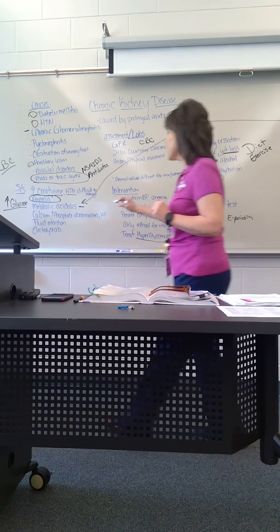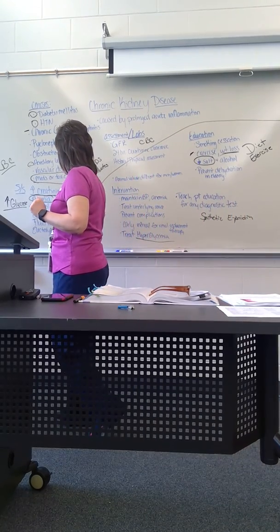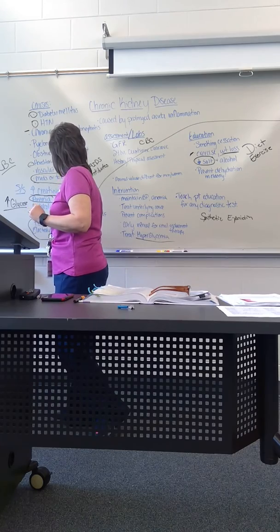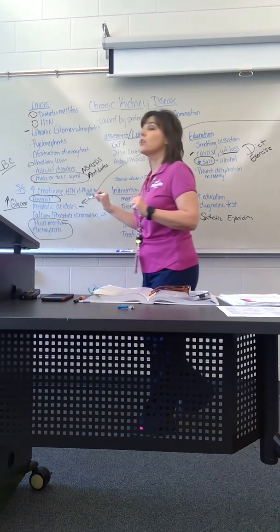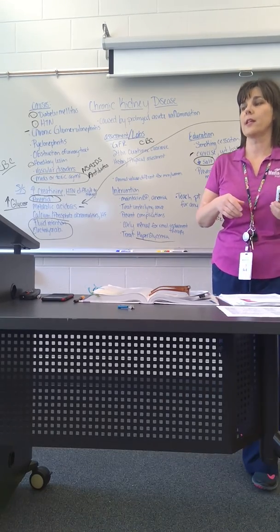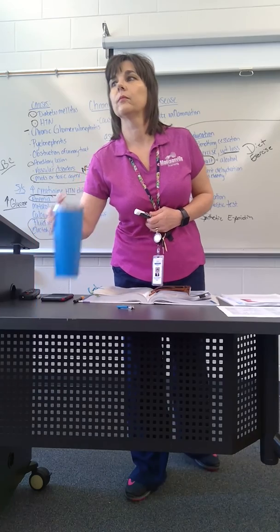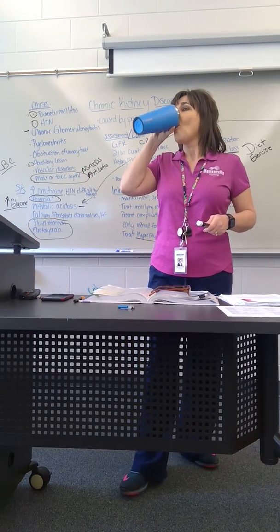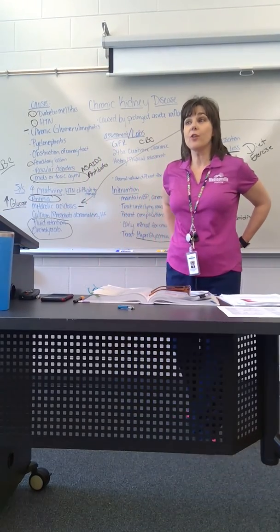I talked about calcium and phosphate abnormalities over there. You will definitely see fluid retention and electrolyte abnormalities. Where are we going to see fluid retention? We can see it in their legs and in their sacral area.